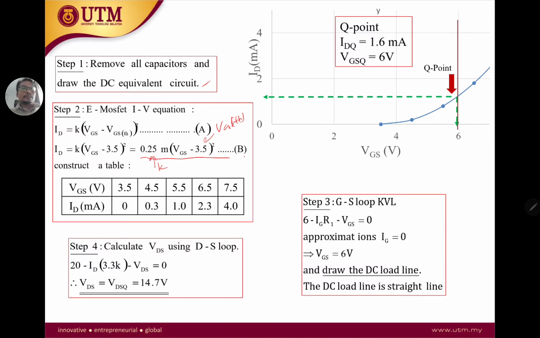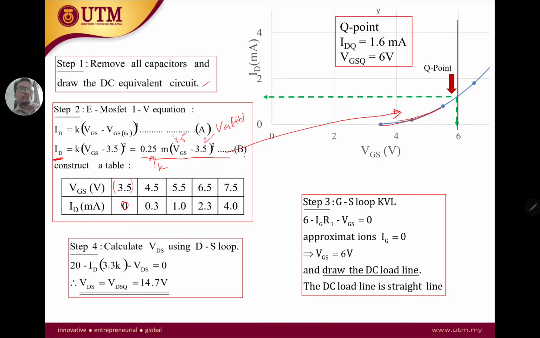From here, we know that if I put my VGS at 3.5, the curve looks something like this. If your VGS is less than 3.5, your drain current will be 0. Therefore, if you put in 3.5 here, 3.5 minus 3.5 is 0, and your drain current ID equals 0.